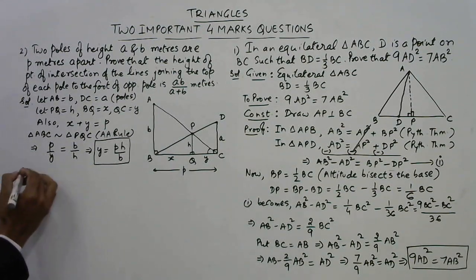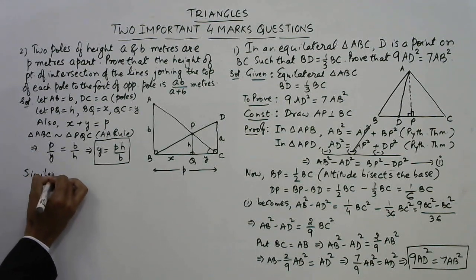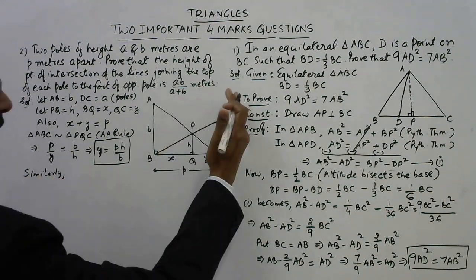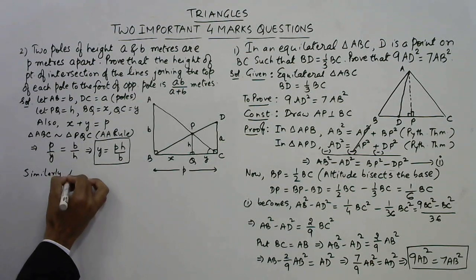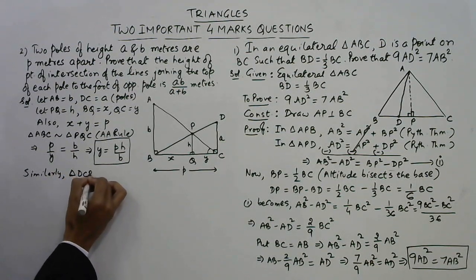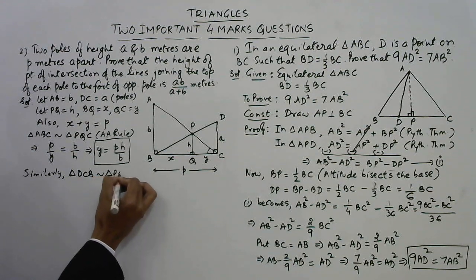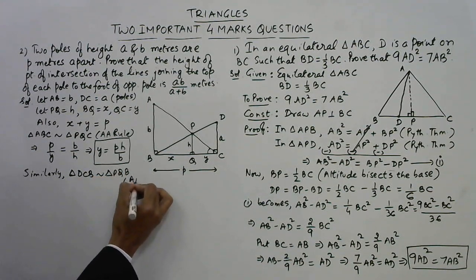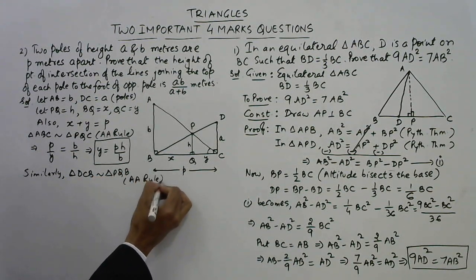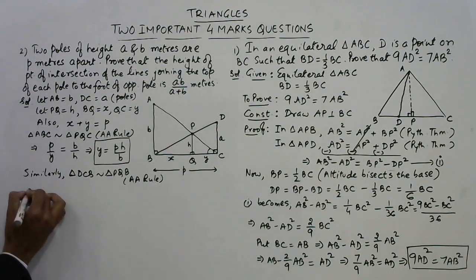Now similarly, you have to take the triangles from the other side also. From this side, triangle DCB is similar to triangle PQB. This is also AA rule. And when these are similar, then again you can derive one more result.